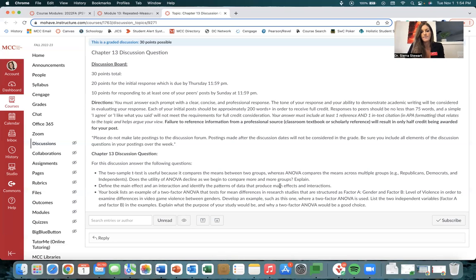That's the biggest part of this. Use your reference to answer the first part, when you would use an ANOVA, and to define the main effect and interaction that it uses for the patterns. Use your book for that, or another source, whatever's easier.